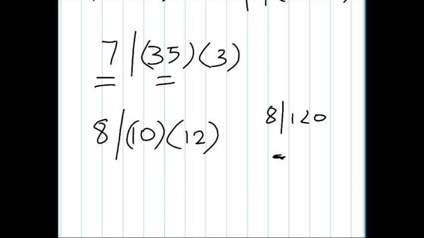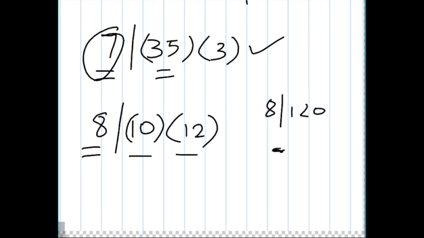But 8 neither divides 10 nor divides 12. It so happens that the only reason is that 8 is not a prime. A factor of 8 divides 10 and another factor of 8 divides 12, and therefore 8 divides the product of these two numbers. But in terms of primes, it is mandatory that one of the factors is divisible by the divisor. Okay, now back to our situation.